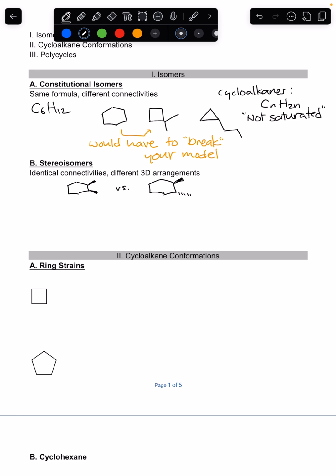If you're going from this model to that with your molecular model, you would have to take this methyl group off as well as the hydrogen on this carbon and swap them around. But otherwise the connectivities are the same. This carbon is still attached to a methyl group and this carbon is still attached to a methyl group. Okay, so hopefully that distinction makes sense to you.